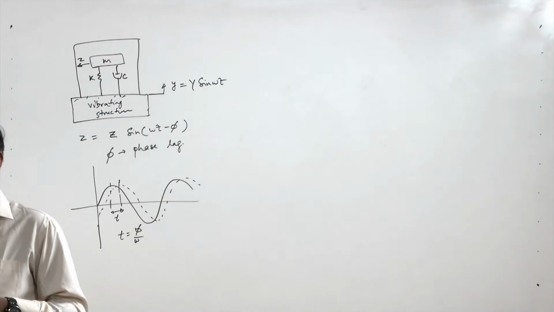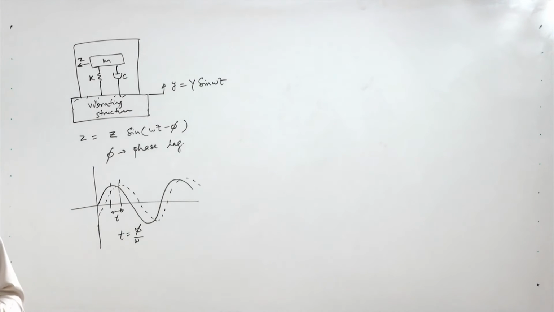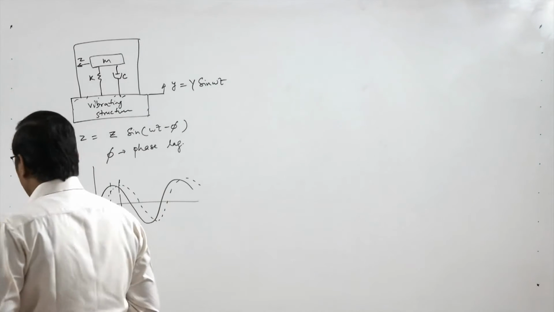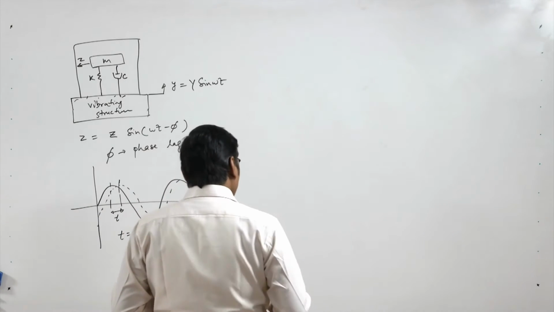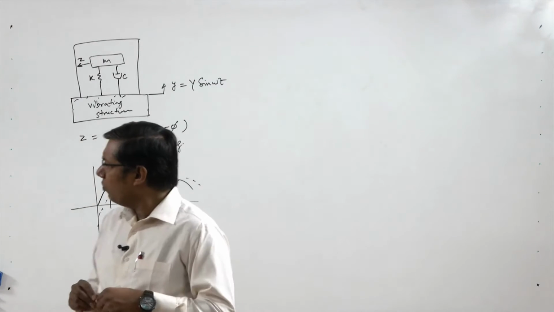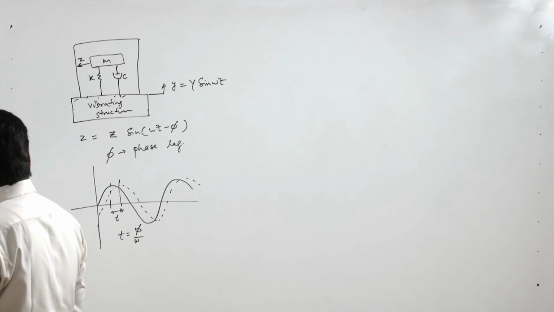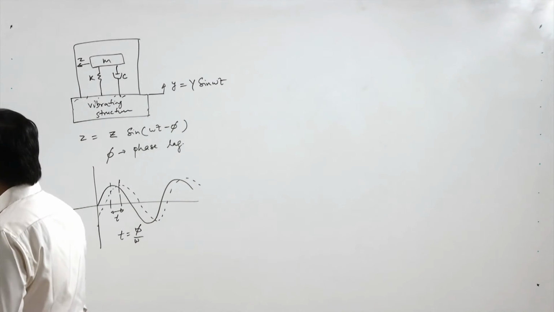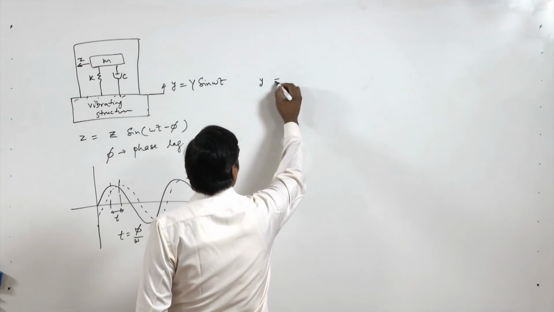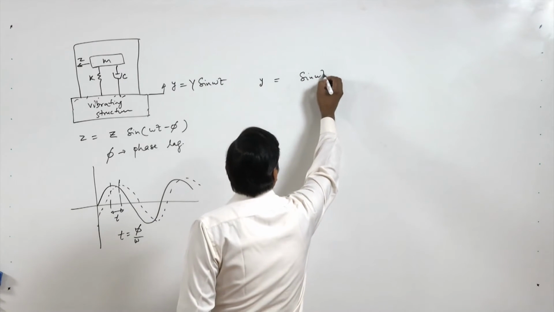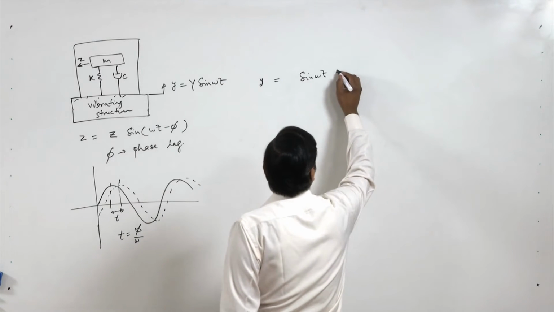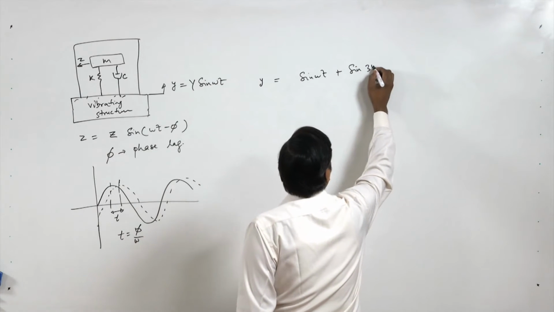But if the signal contains more than one harmonic, for example, we can see the figure. Here we have the input signal y, which is sine omega t plus sine 3 omega t.